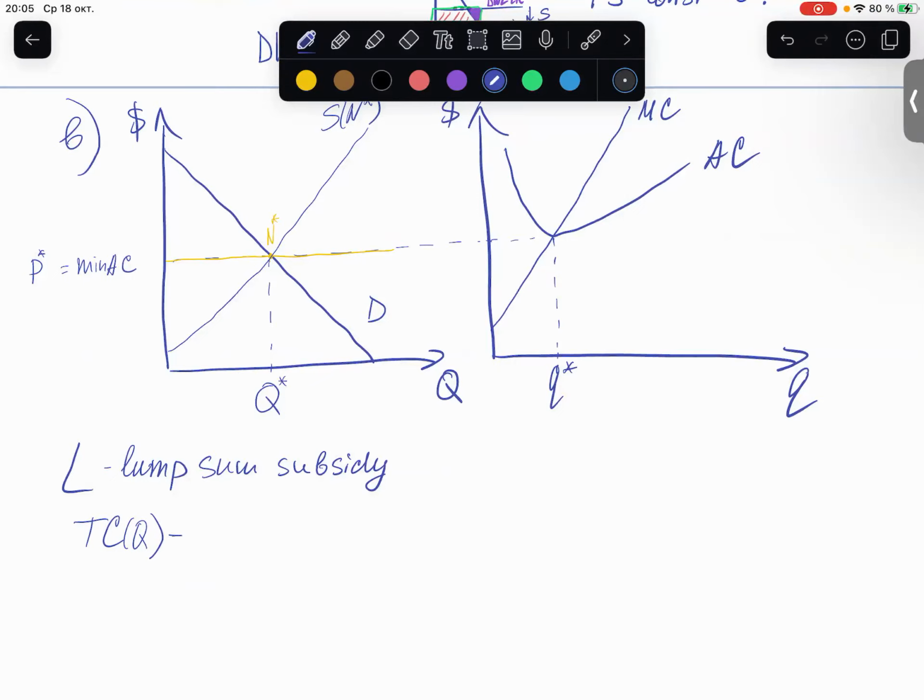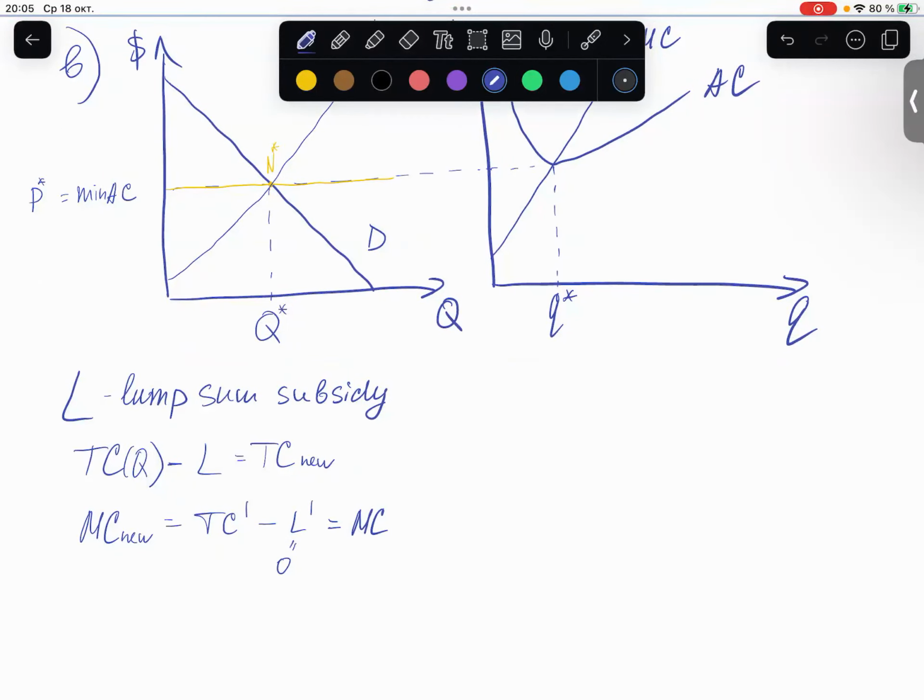Why? Because we have this lump sum subsidy, but this is constant. Yes? So these are the new total costs. What will be the new marginal costs? As we take the derivative, this will be 0. So marginal costs will stay the same.